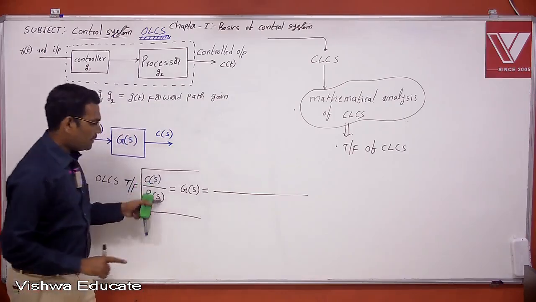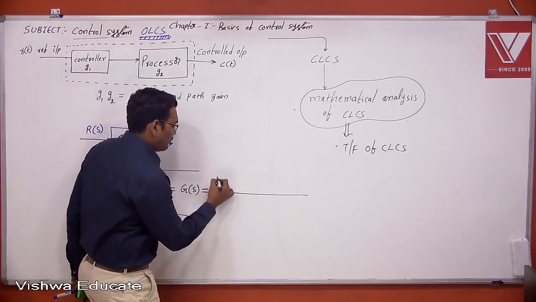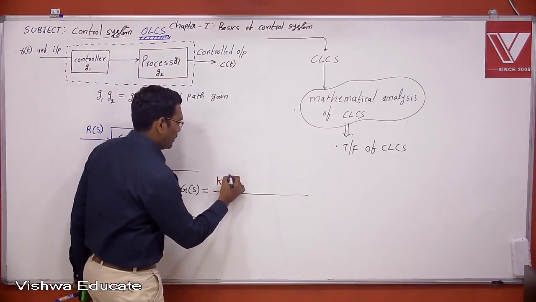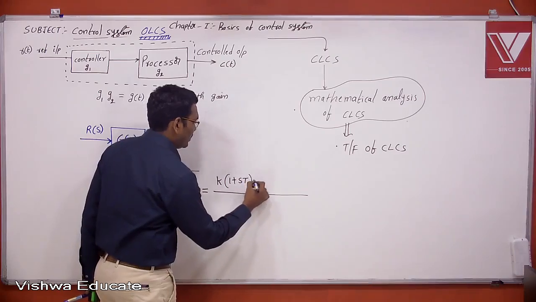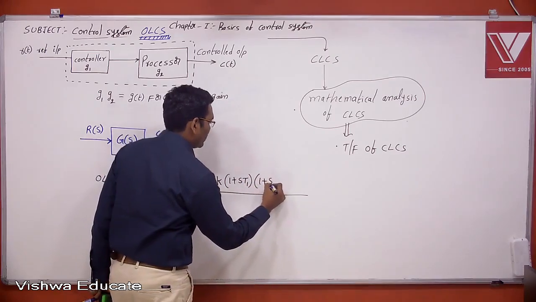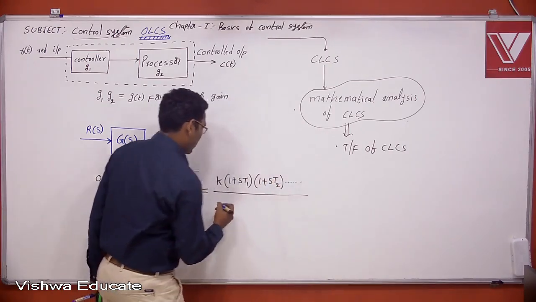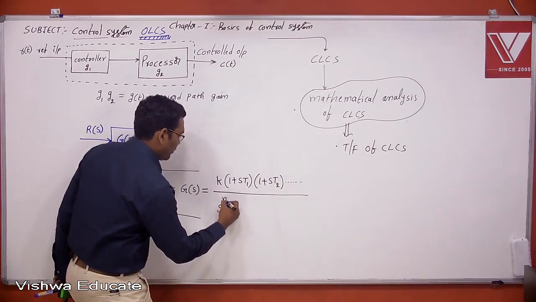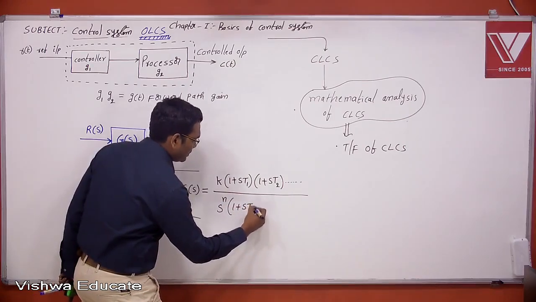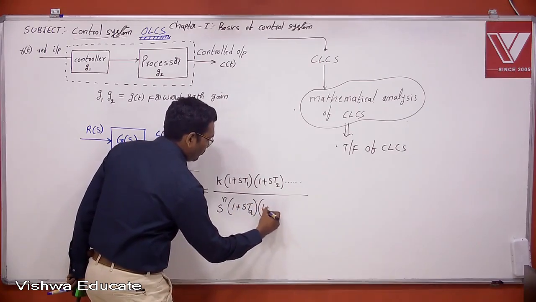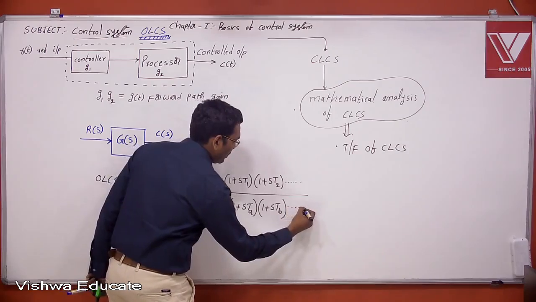This is in the frequency domain, the s domain. Therefore, can I write one equation in terms of s? K into (1 plus sT1) into (1 plus sT2), and so on, divided by s to the power n into (1 plus sTa) into (1 plus sTb), and so on.